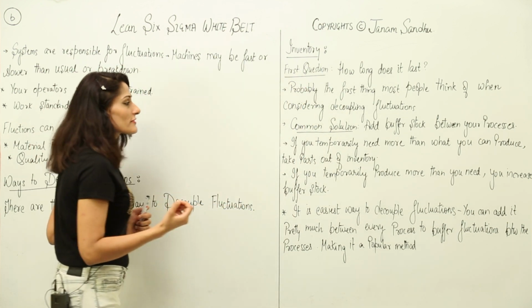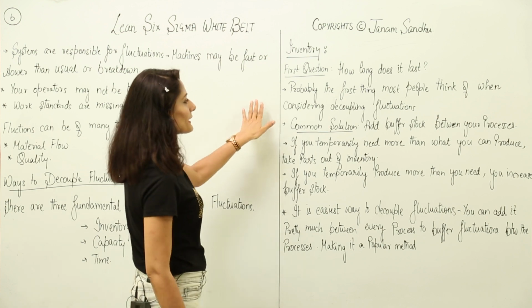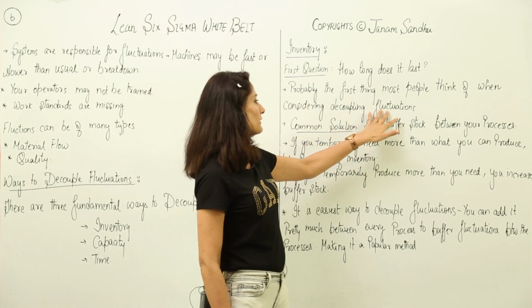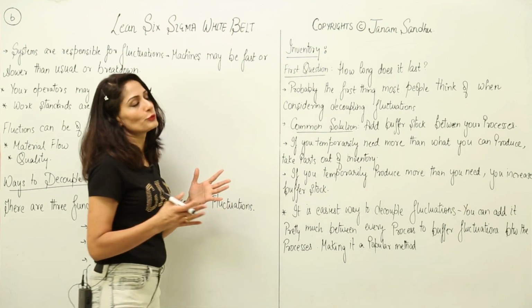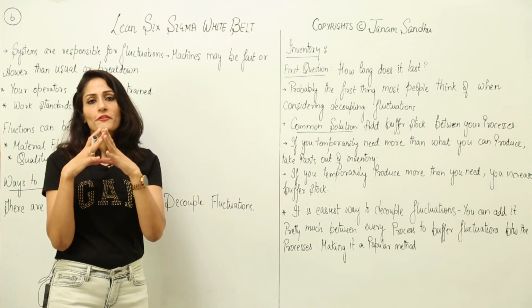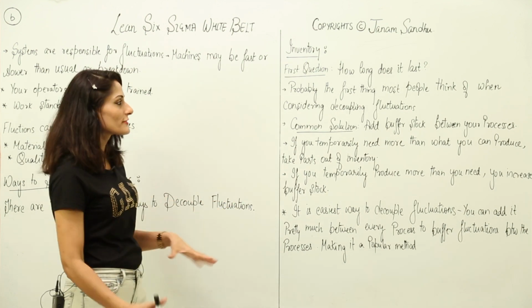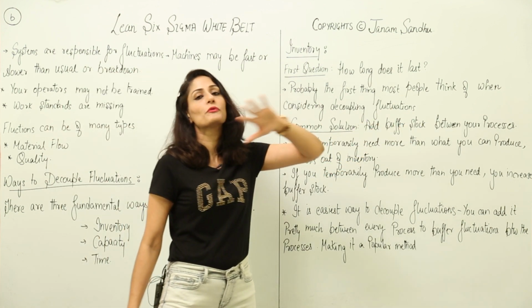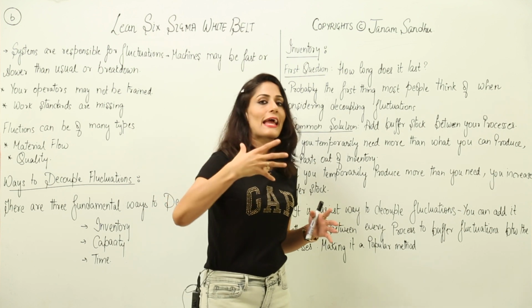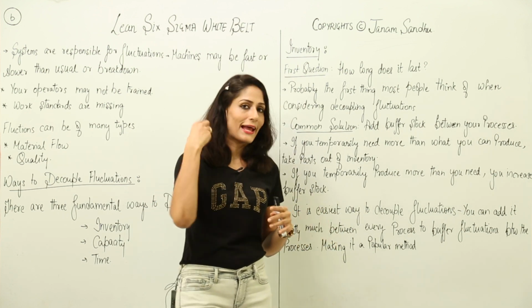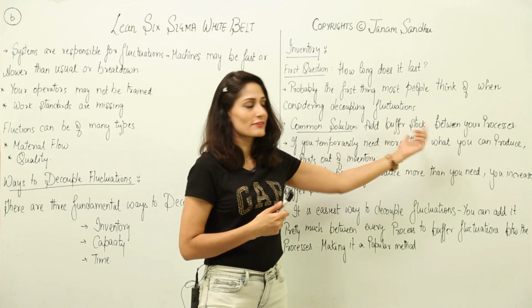Inventory is probably the first thing most people think of when considering decoupling fluctuations, and the common solution is to add buffer stock between your processes. Buffer stock means having extra raw materials or extra parts between your processes.